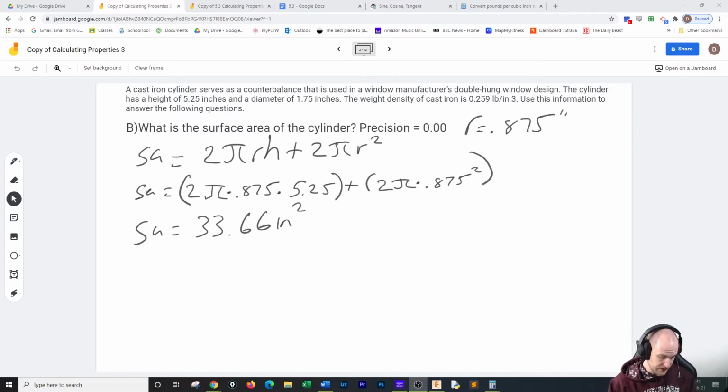Moving on. What is the weight of the cylinder? Okay, so we have the density weight. So weight equals density weight times volume.